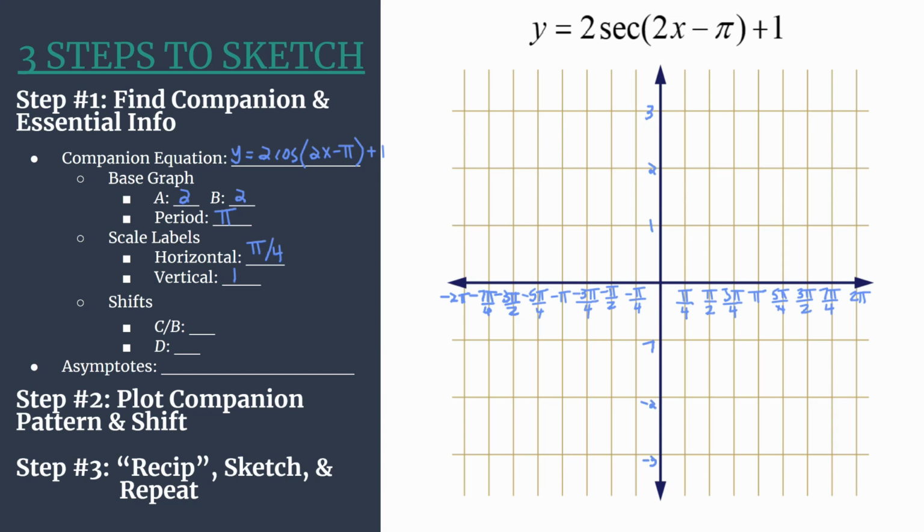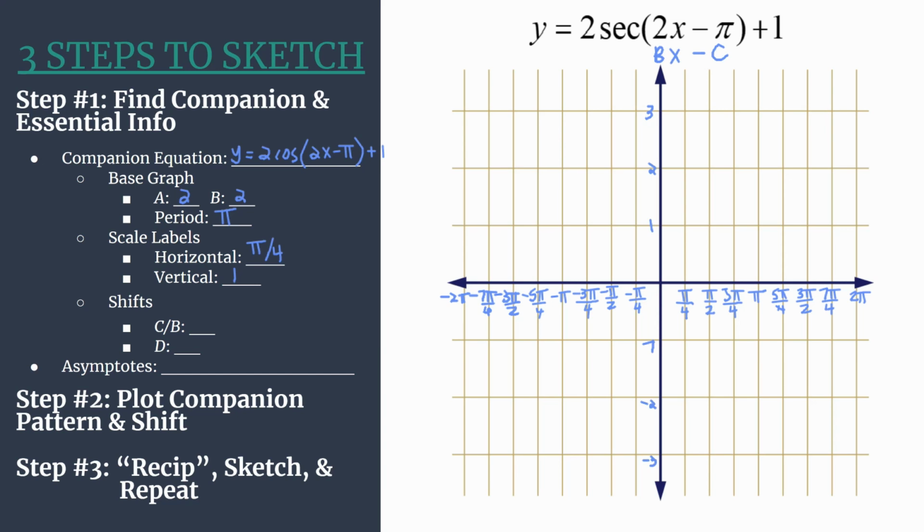So we find our horizontal or phase shift calculating C over B. Before we do this, I like to just look back up at my original equation, or you can look at the companion equation. We have bx minus c, and we see that we do have a minus sign there. So I think that we should expect movement to the right, but I think it's important here to make sure that you get the correct sign for your value of c. In this case, our value of c should be pi.